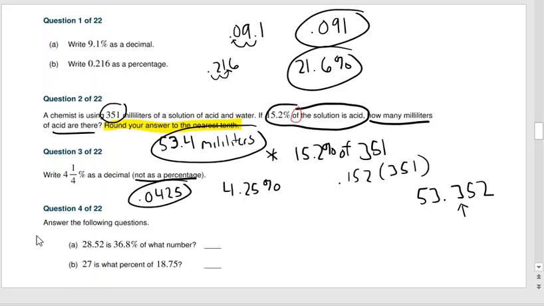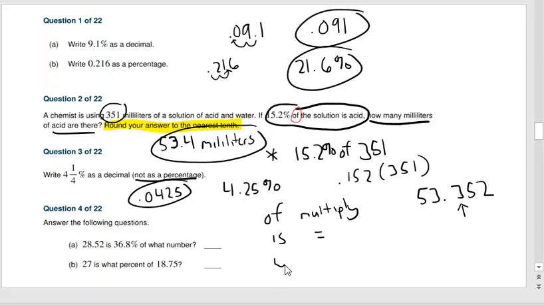Okay, now on question number 4, we are going to need to write an equation for the situation and then solve that equation. Remember that when you are writing percent equations, the word of means multiply. The word is means equals.